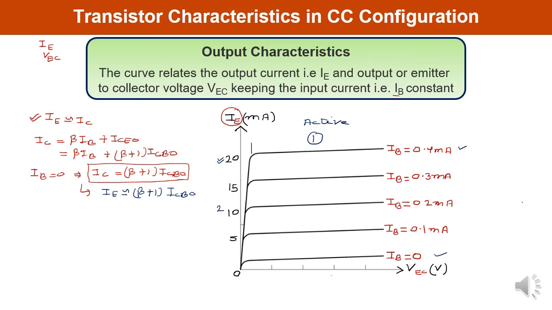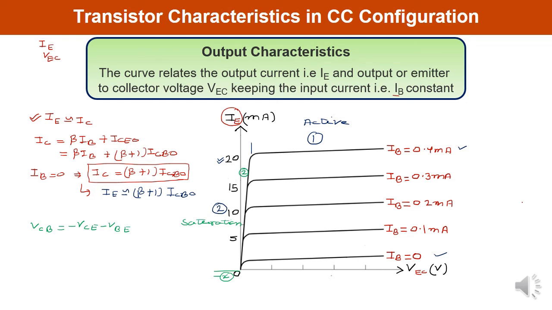Second portion is known as the saturation region. In the saturation region, both the diodes are forward biased. Some portion of the saturation region is on the right-hand side of this curve as well. Here you can observe when the value of VEC is negative, meaning you are plotting along the minus x-axis, VCB is minus VCE minus VBE.